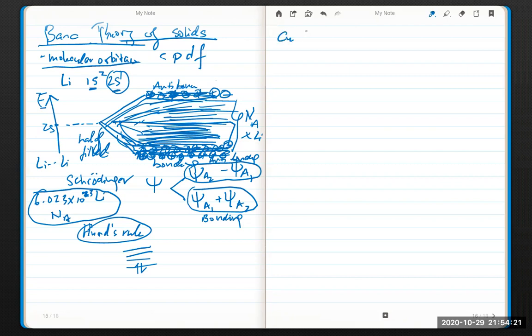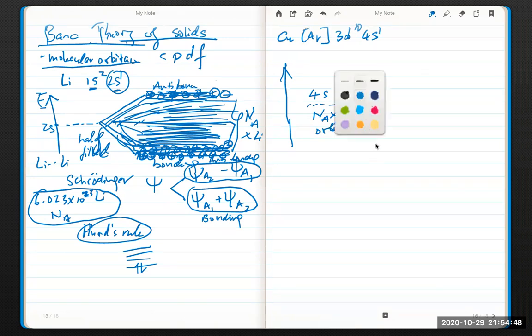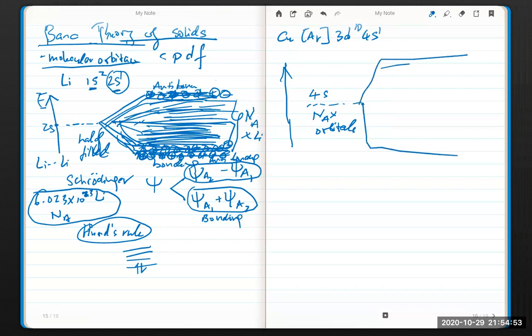In the case of copper, this is the electronic configuration: argon 3d10 and 4s1. You have 4s1 orbitals, and when you have Avogadro's number of orbitals, this will split into so many levels, linear combinations of the Schrodinger equation.